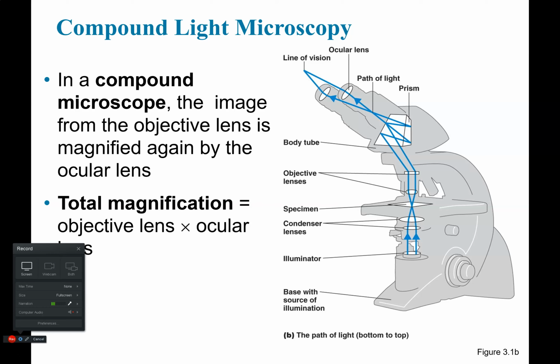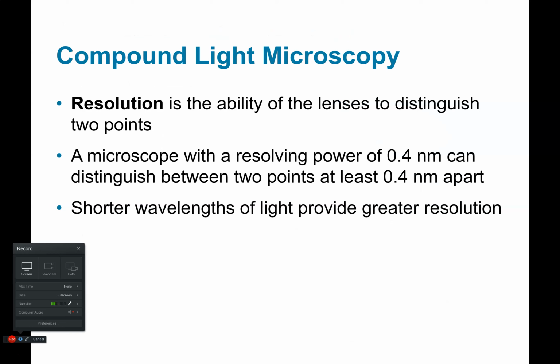Your objective lenses depend on the microscope, but usually they have 4 lenses, starting with the lowest being a 4x, then a 10x, then a 40x, and then a 100x. So you want to be able to calculate a total magnification if I were to tell you which objective was being used and that the ocular was a 10x. So let's say you were using the 40x objective and the ocular is 10x, then the total magnification should be 400x.